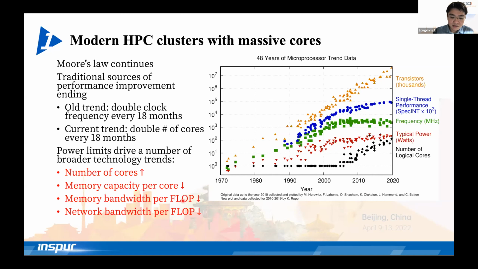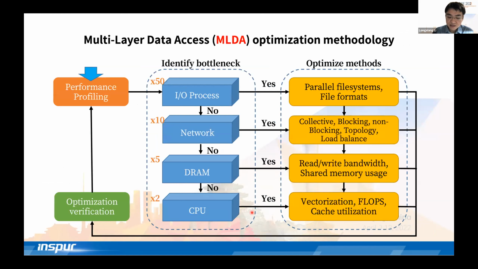Based on the above discussions, we propose a new optimization method for large-scale parallel computing. According to the latency of different devices, in the precise performance optimization, the first step should be the optimization of I/O performance, including the parallel file system and the file format.